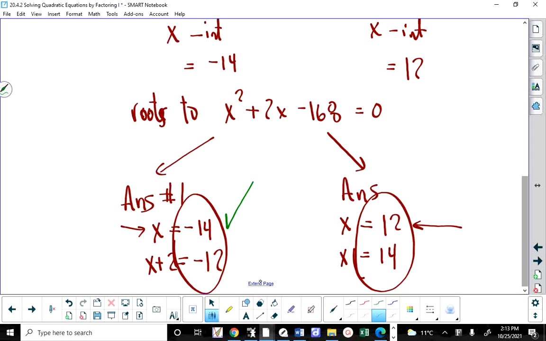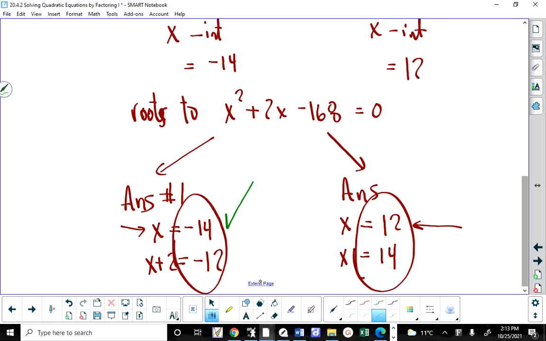Okay. Now, on the other hand, the other x-intercept, which means the other solution, is 12. If x is 12, we add 2 to 12 and get 14. Now, I believe I misspoke over here because I said, are these consecutive integers? And what I meant to say, I believe, was, are these consecutive even integers? And they are. Are these consecutive even integers, the 12 and the 14? Yes.